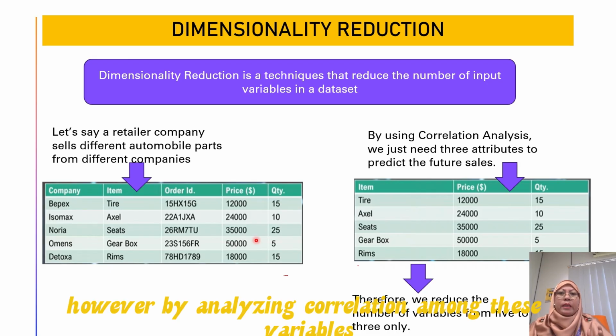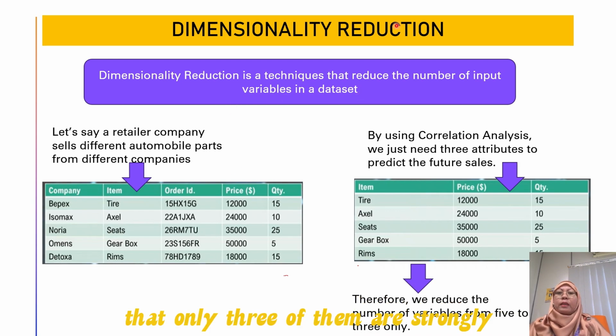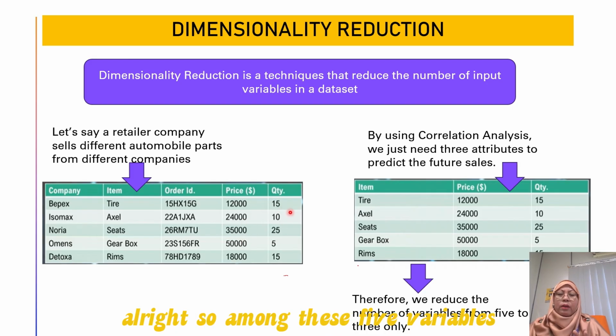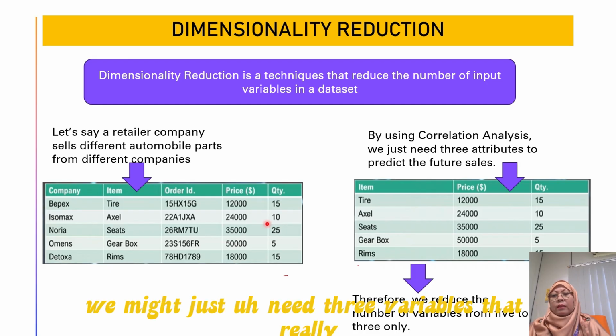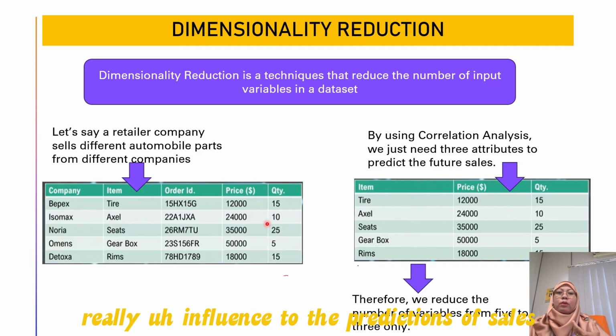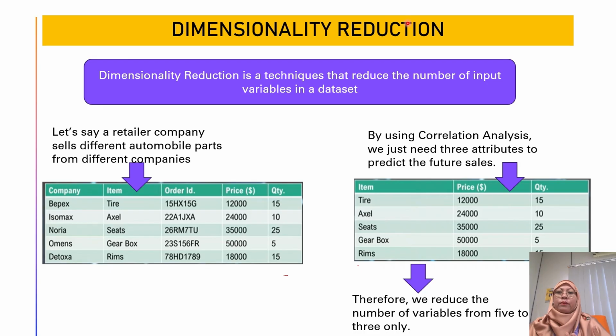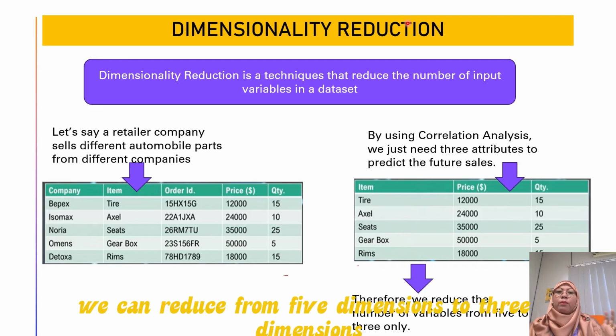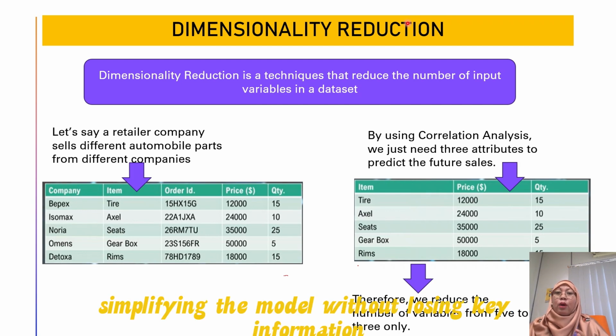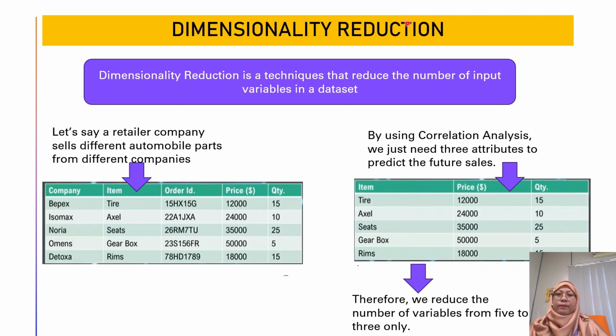However, by analyzing correlation among these variables, we might find that only 3 of them are strongly predictive of sales. So among these 5 variables, we might just need 3 variables that really influence the predictions of sales. So we can reduce from 5 dimensions to 3 dimensions, simplifying the model without losing key information.